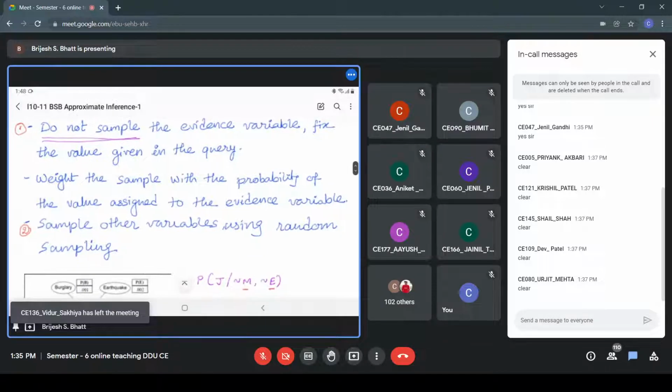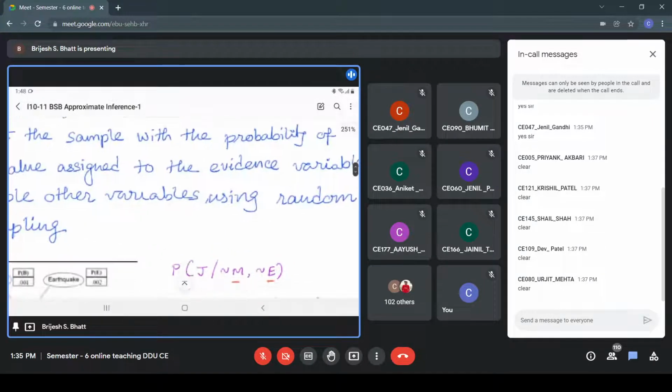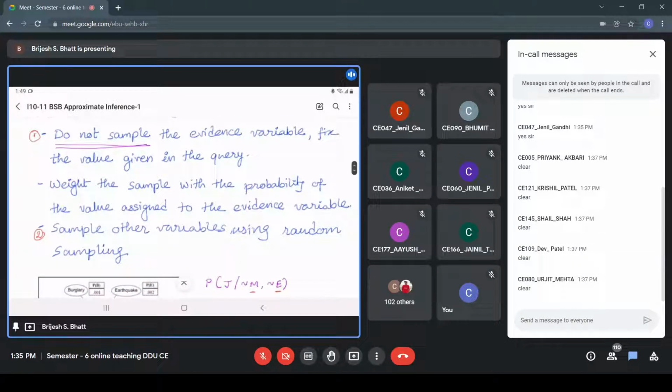So for example, the inference query that we want to answer is probability of J given not M and not E. So probability of John calling given that Mary has not called and there was no earthquake. If you want to answer this question, then the sample that we want to generate should have the value of M and E as 0, because we are already given that M and E is 0. This is what we mean by the first sentence here: do not sample the evidence variable, fix the value given in the query.